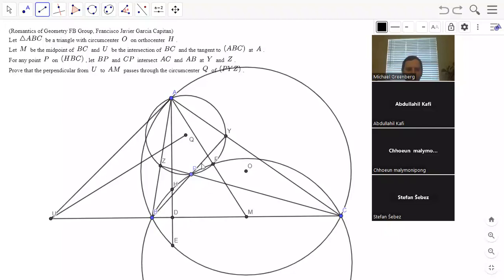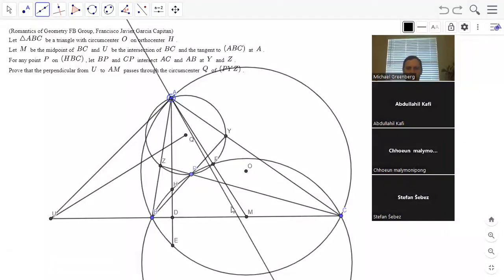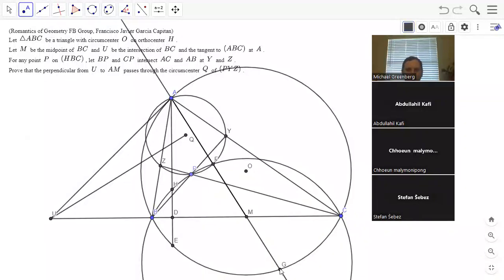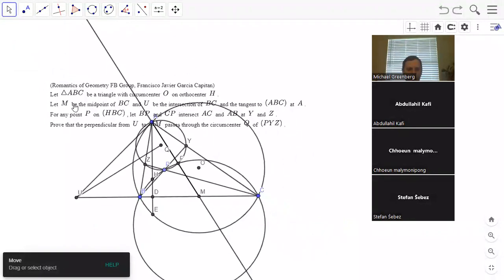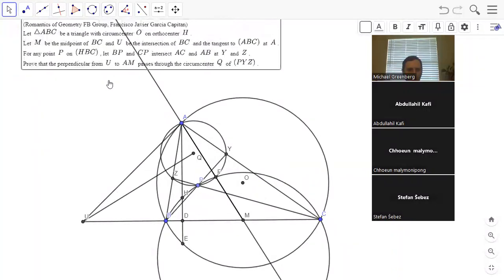If you intersect the median with the circle HBC again, then you would make a parallelogram that is well known and not hard to prove. Not that circle, the circle HBC. Oh. Okay, so I have to shrink it, sorry.